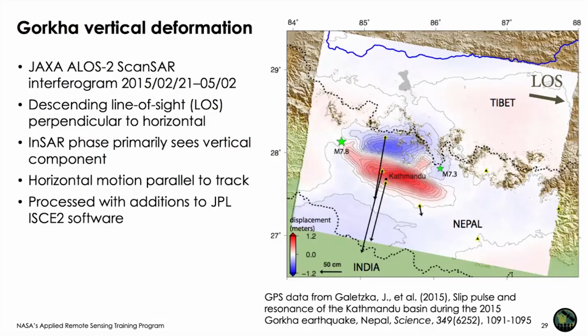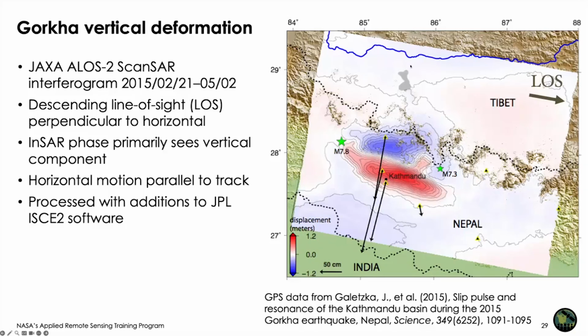It's ScanSAR, so it actually uses bursts and subswaths to cover the full width. Don't have time to go into the details of how ScanSAR works, but it's a way to acquire large swaths. It has some advantages and disadvantages.